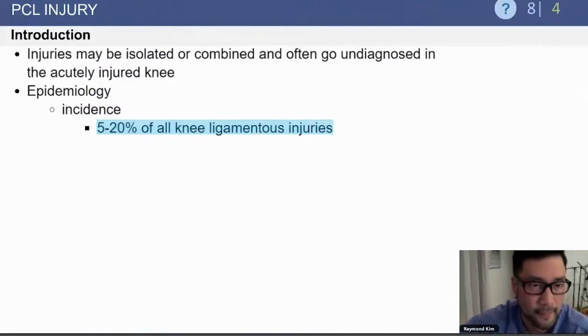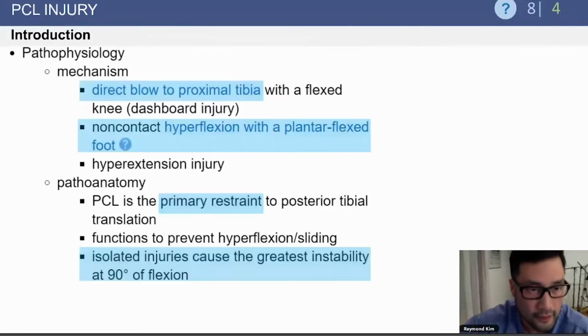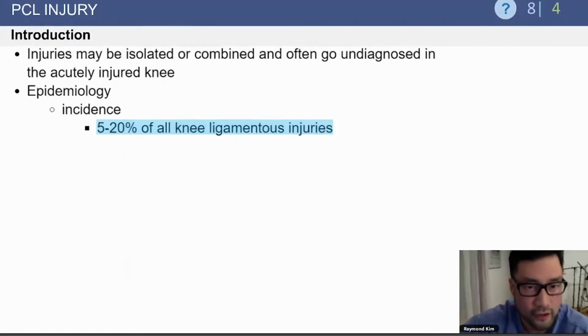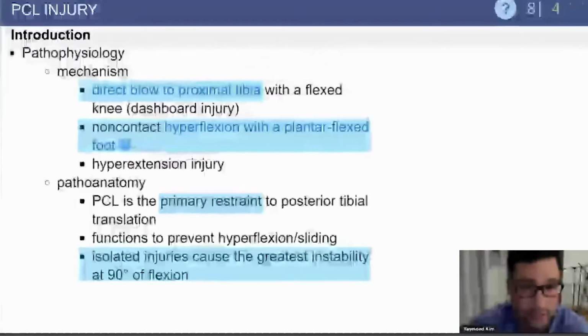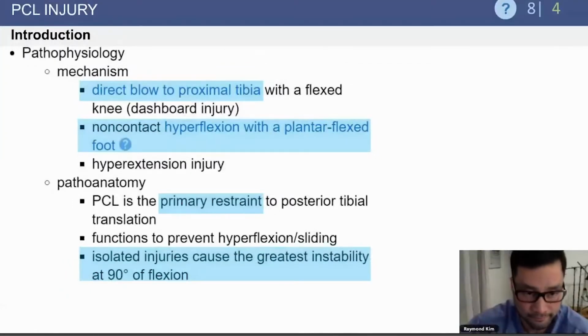It's an injury that can be isolated or combined. It can happen in 5 to 20% of all knee injuries. It occurs by a direct blow to the proximal tibia, in other words, a dashboard injury. This can also happen with hyperflexion with a plantar flexed foot.